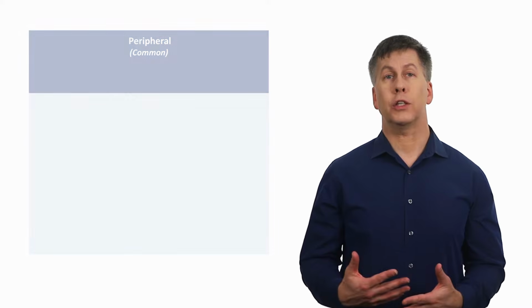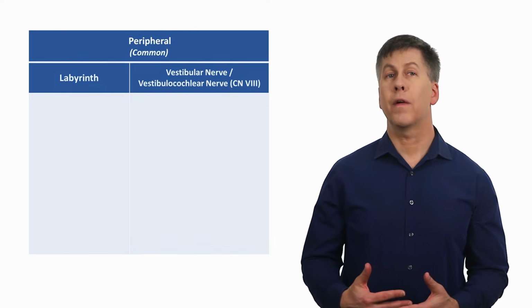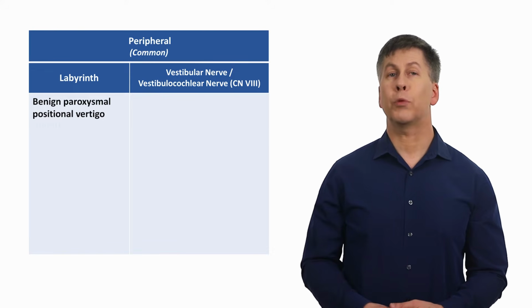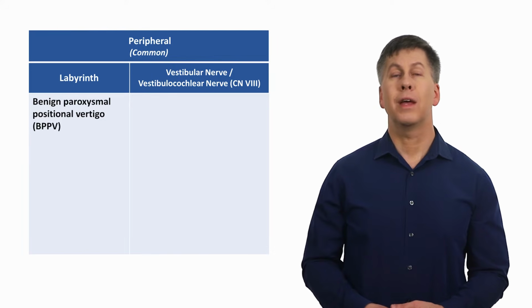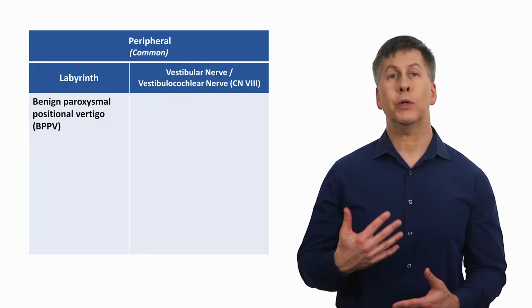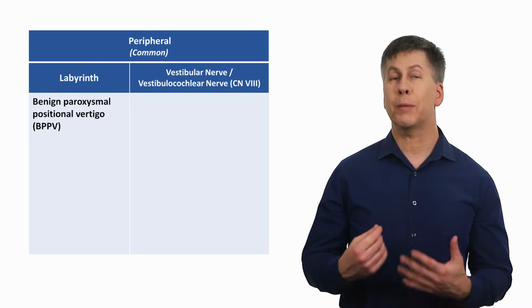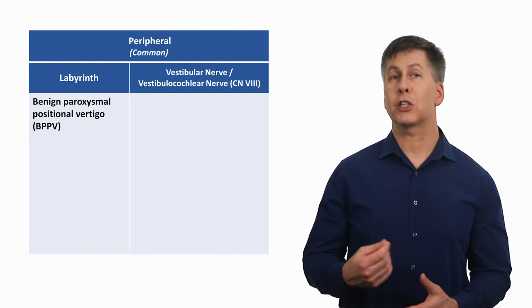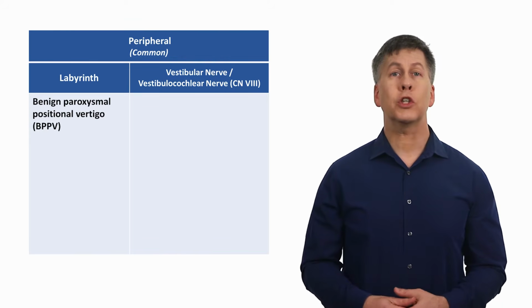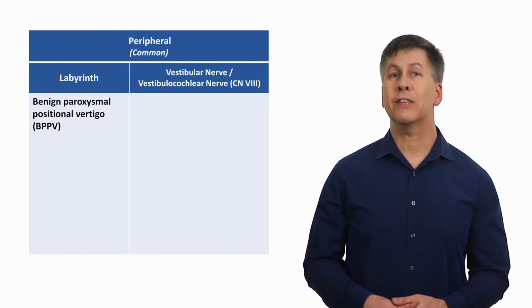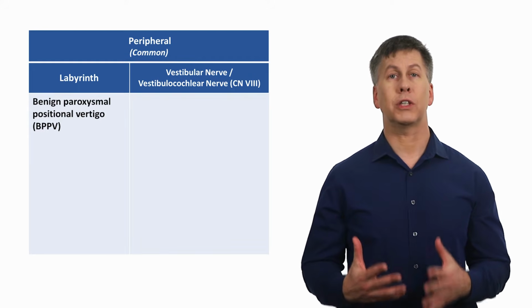Starting with the peripheral causes, causes within the labyrinth include benign paroxysmal positional vertigo, usually abbreviated BPPV. In BPPV, the crystals, known as otoliths, become dislodged and float freely in one of these semicircular canals partially responsible for balance. When these crystals move within the canals in response to changes in position, they lead to excessive activation of the canal's sensory cells.